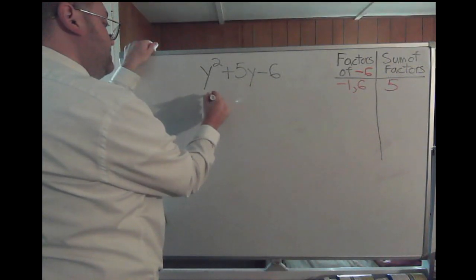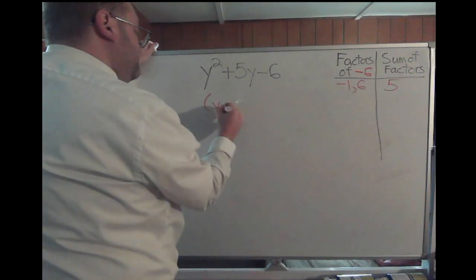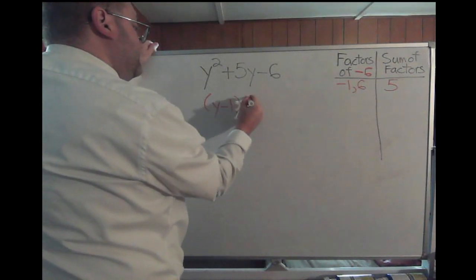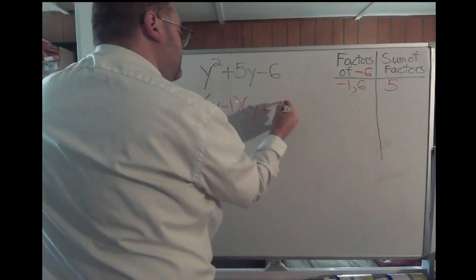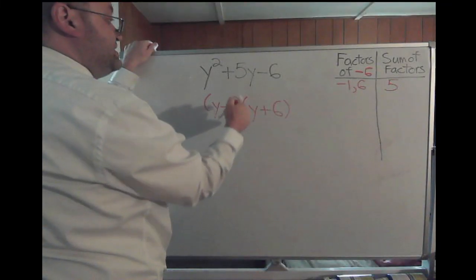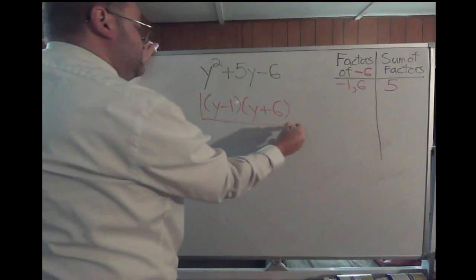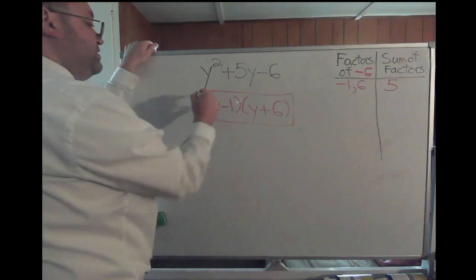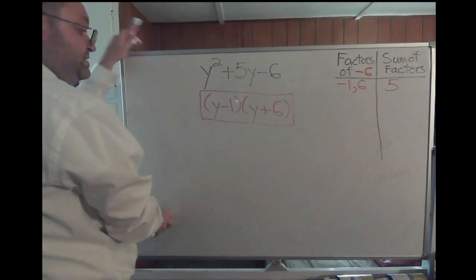So all you're going to do now is take y minus 1, that quantity, times y plus 6. And if you FOIL this out, you should in fact get y squared plus 5y minus 6. So the factorization of this would be the quantity of y minus 1 times the quantity of y plus 6.